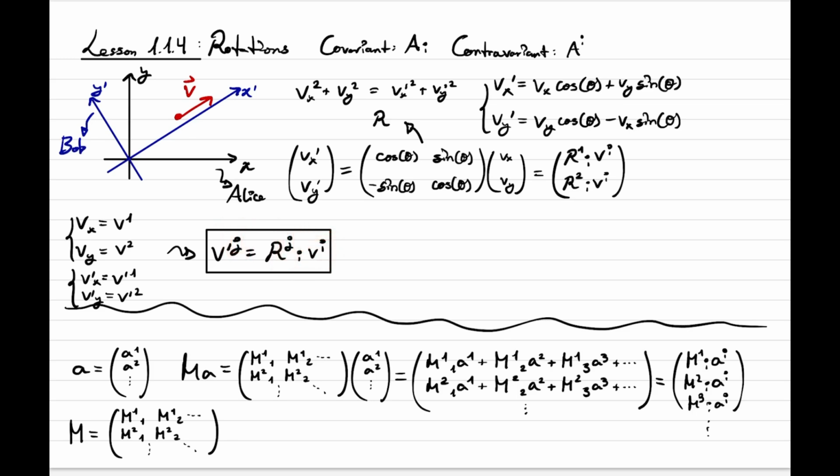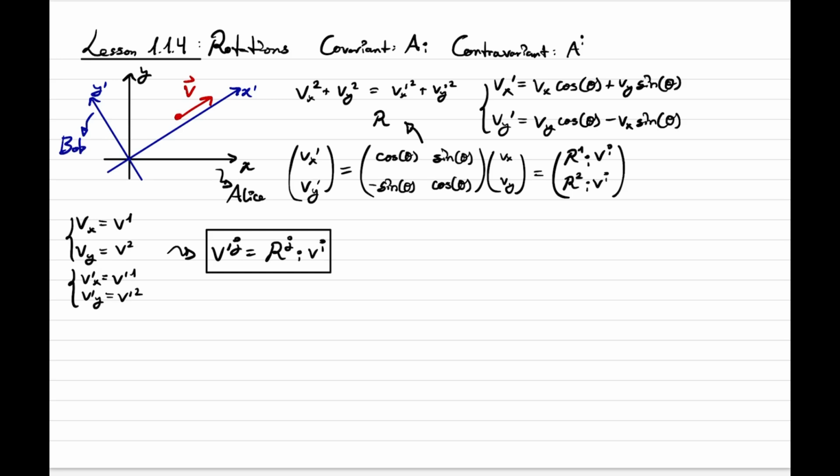You can't have an equation, let's say for example, A^i equals M_ik V^k, because this is an upper index and this is a lower index, and they are free indices, so they have to match. If we have some free indices in an equation, if the free index is an upper index, the other side of the equation must have the same index as an upper index. So they need to match. That's why we express the rotation matrix with one upper index and one lower index.